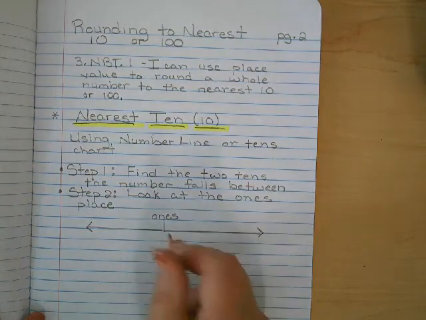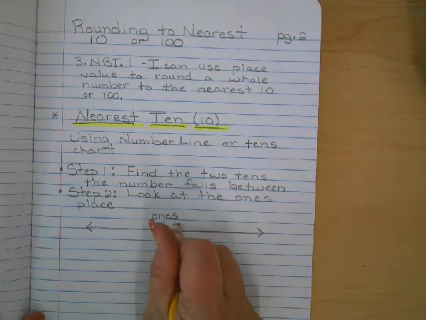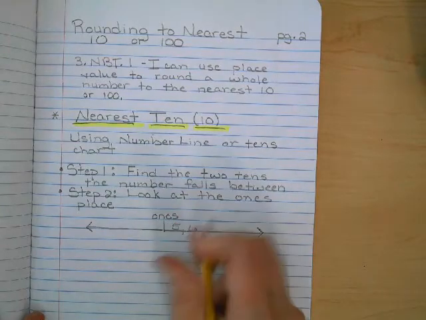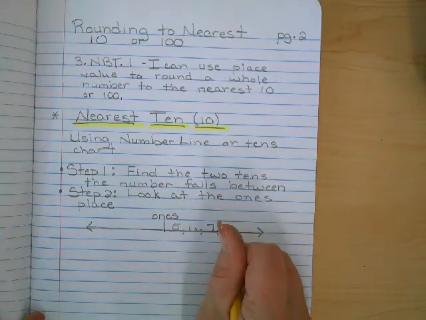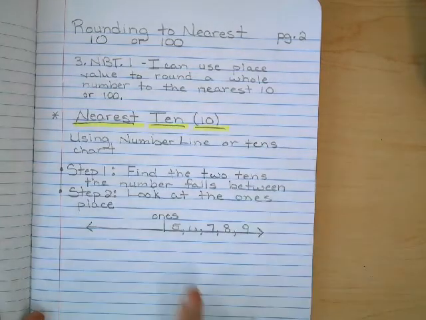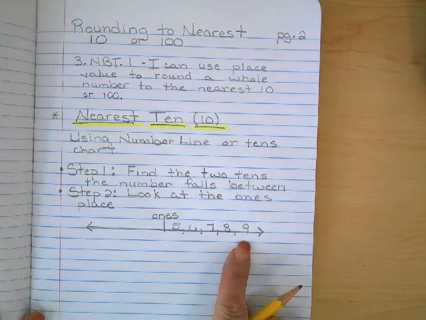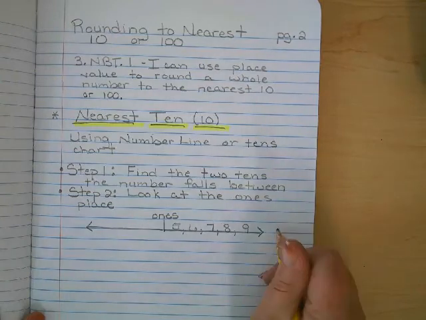So that means if our ones place is 5, 6, 7, 8, or 9, if it's one of those ones, we're going to round up.